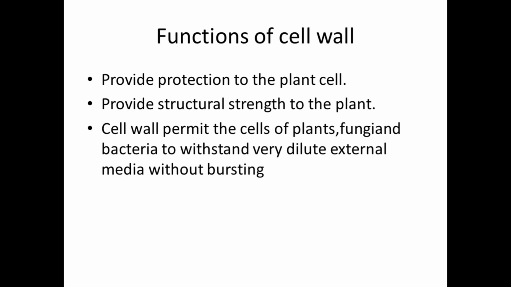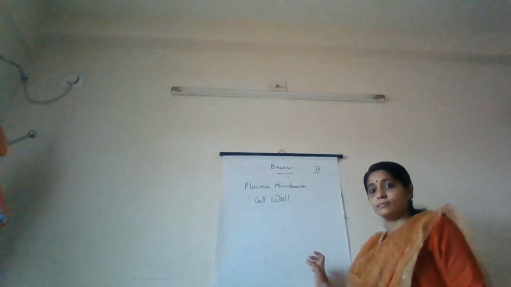Once the water enters, the cell swells up. But because of the presence of the cell wall, the cell will not burst. So these are the main functions of cell wall. One function is protection, then structural strength, and it helps the cell to withstand dilute external media without bursting.